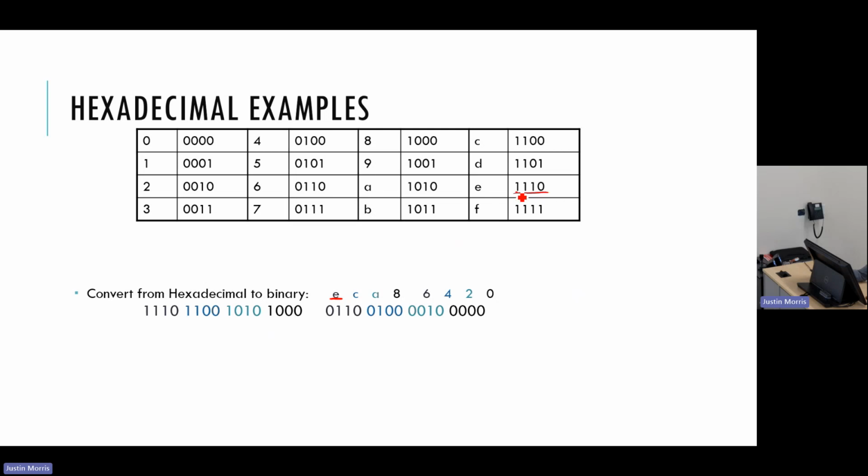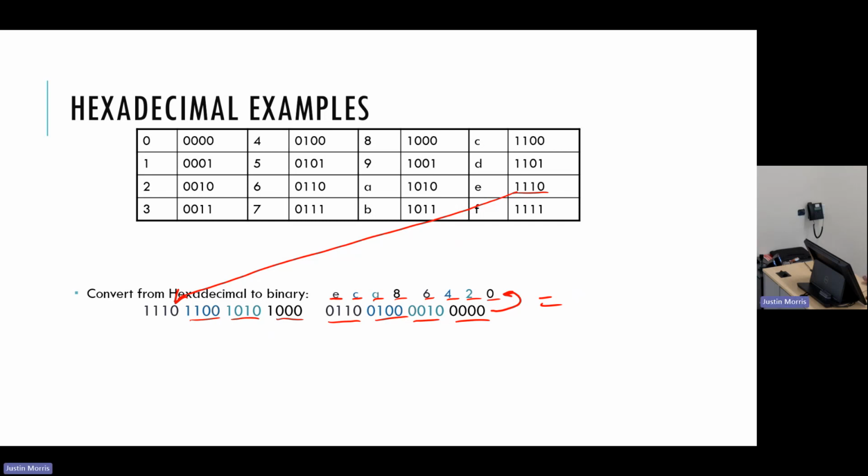So we can see that goes here. Right? And next is C. C is 12. This is 12. A is 10. This is 10. 8 is 8. 6, 6, 4, 4, 2, 2, 0, 0. So if you convert it this way, this binary number is equal to that hexadecimal number.